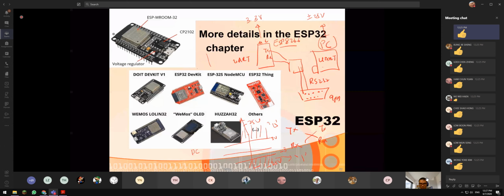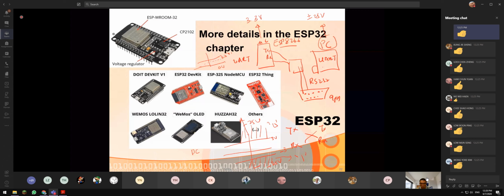Whereas for the ESP8266, 0 is 0 volt and 3.3 volt is considered binary 1, with a threshold value of course. That's the reason 25 volt cannot share with 3.3 volt.